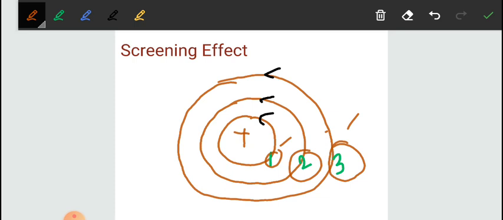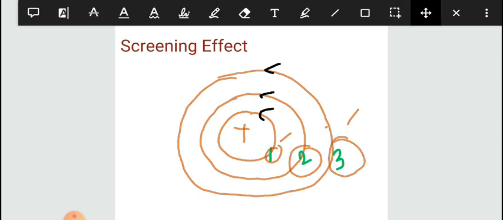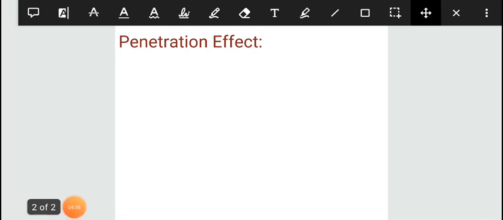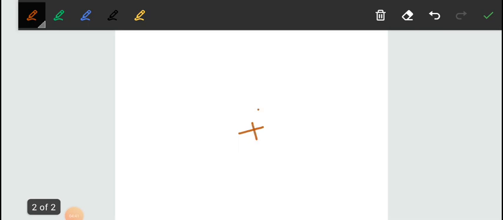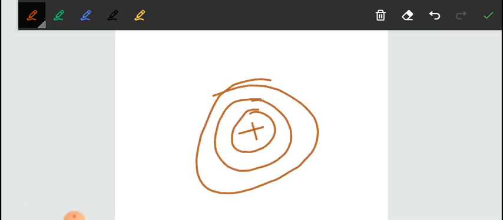Let's talk about one more important effect, that is the penetration effect. Suppose again I am drawing a nucleus. There are s electrons, p electrons, d electrons. One more thing, the electrons which are innermost or near the nucleus are strongly attracted by the nucleus.